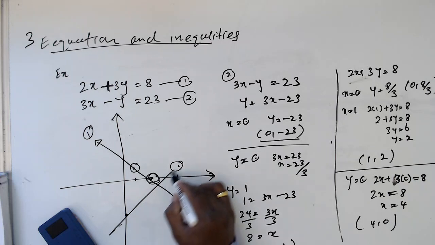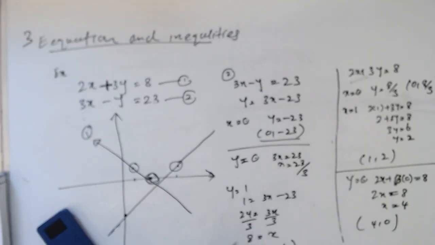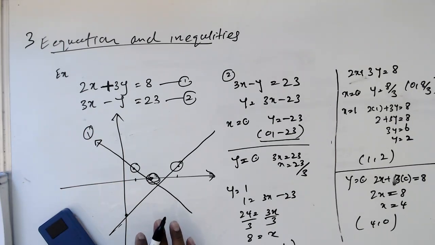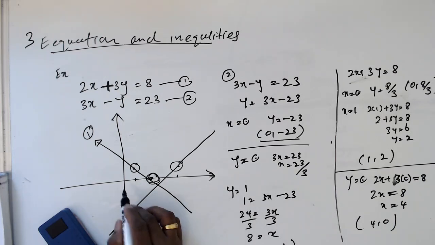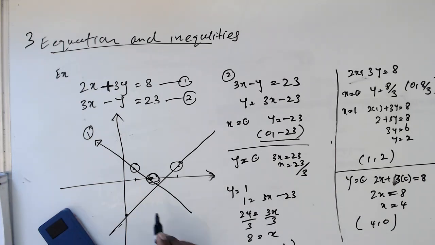So this is the kind of graph, but we have to draw it to scale by properly marking the x and y axes.